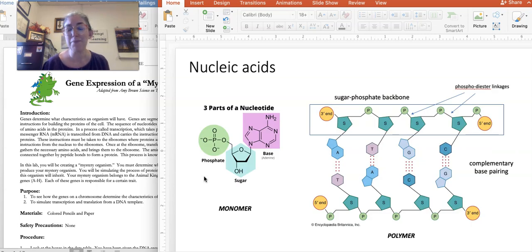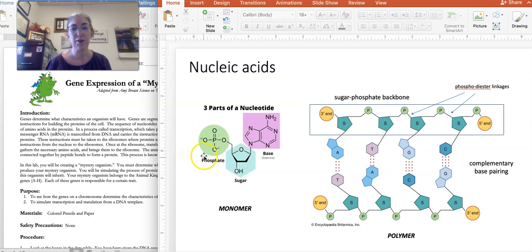Okay. So overview of nucleic acids. The building blocks of DNA and RNA, the individual monomers, if you will, are called nucleotides. And this is the anatomy of a nucleotide. It has a sugar, an amine base, so a nitrogen-containing base group sticking off of it, and a single phosphate.